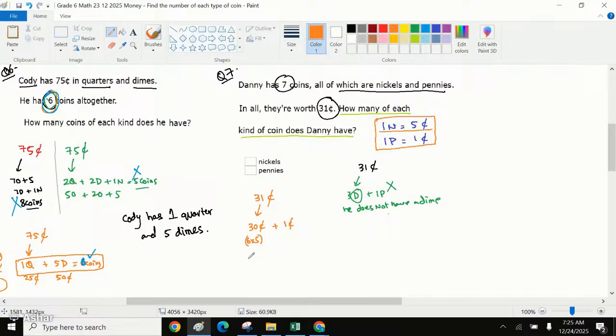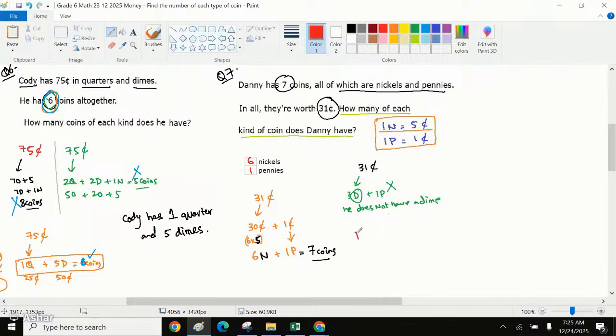That means he had 6 nickels plus 1 penny, right? Because 5 cents can be written as 1 nickel. That means the total number of coins is 7 coins. So there were 6 nickels and 1 penny.